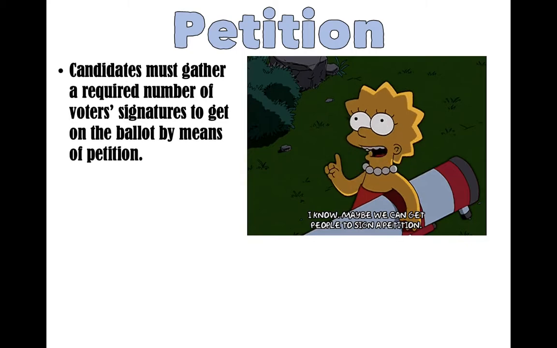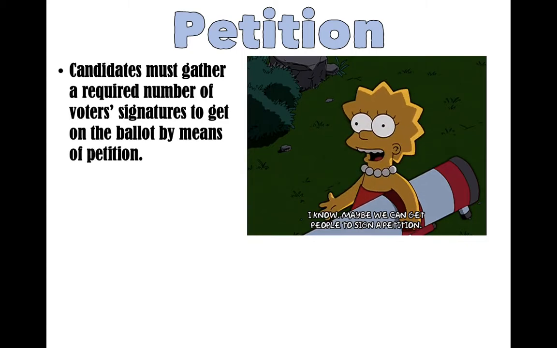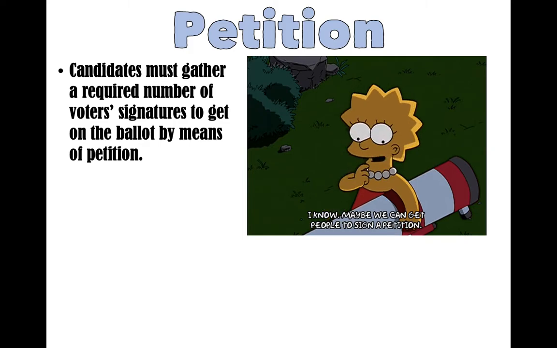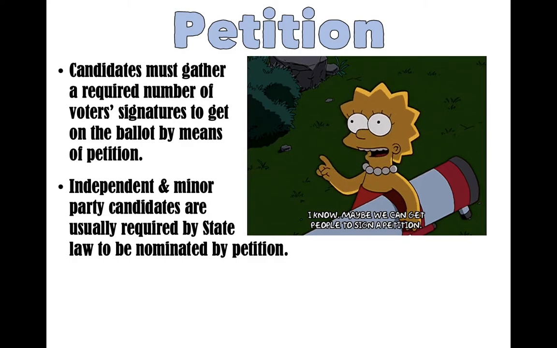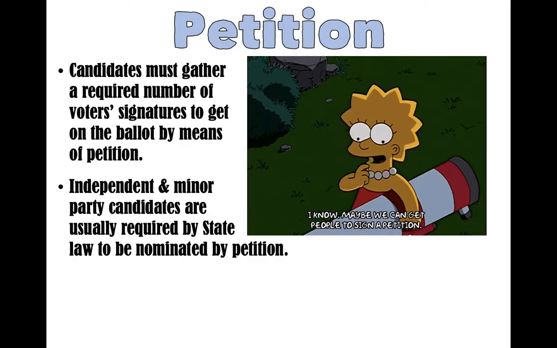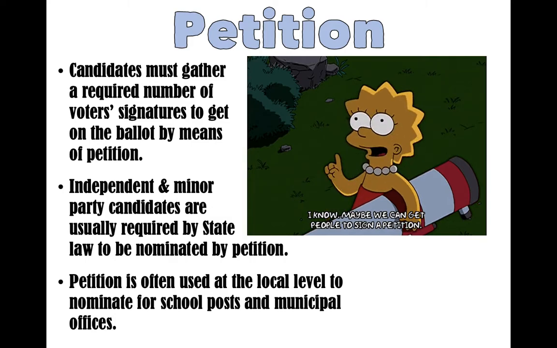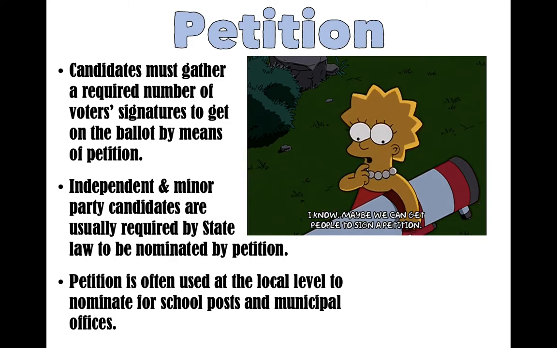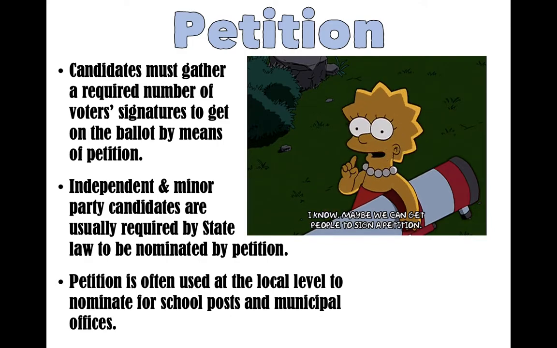Petition. Candidates, before they can be put on the ballot, need to gather a required number of voter signatures via a petition. Independent and minor party candidates are usually required by state law to be nominated by a petition, and this petition is often used at the local level as well to nominate for school posts and municipal offices. Essentially, you couldn't just announce via, let's say, Facebook that you're running for school board.